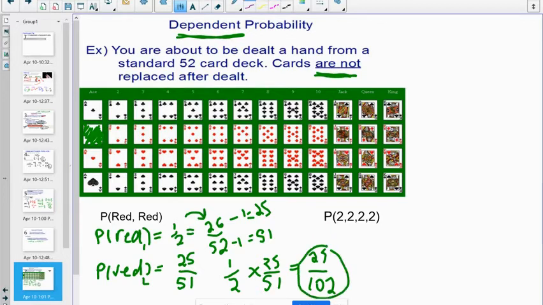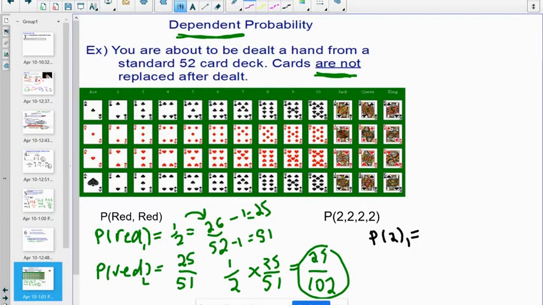Now for our next example, if you draw a 2, then a 2, then a 2, then a 2. So if you draw 4 2s in a row, probability of the first 2. We haven't drawn a single card, so we're back to square one. This is a new problem, so we now have all the cards available to us.